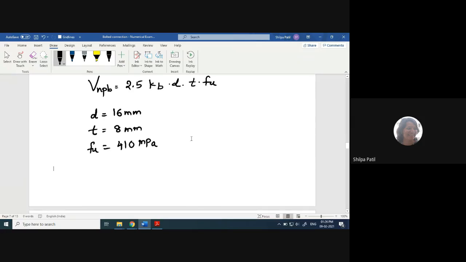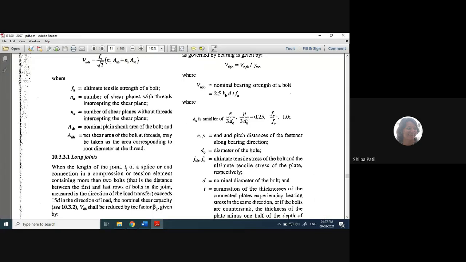Now we have to find kb. If I go back to the code, kb is the smaller of these values. Quickly tell me these values.